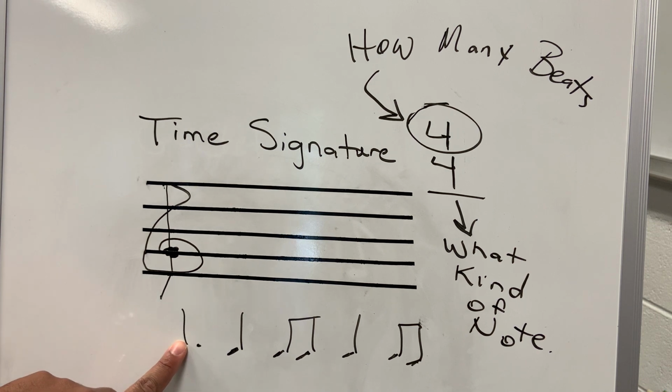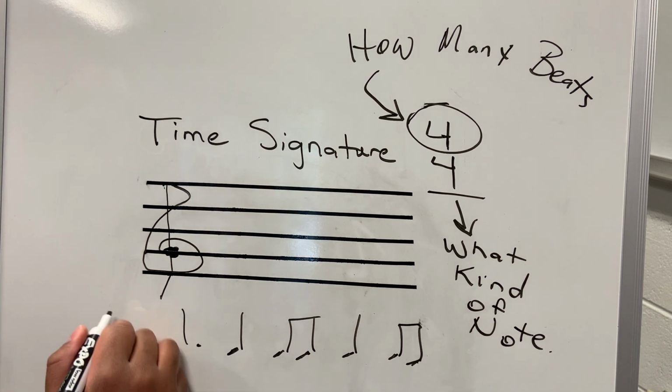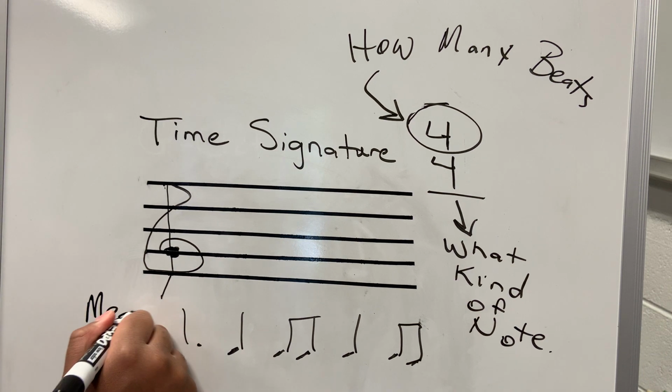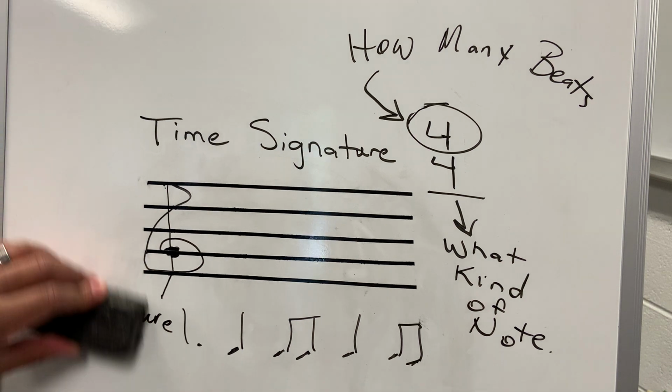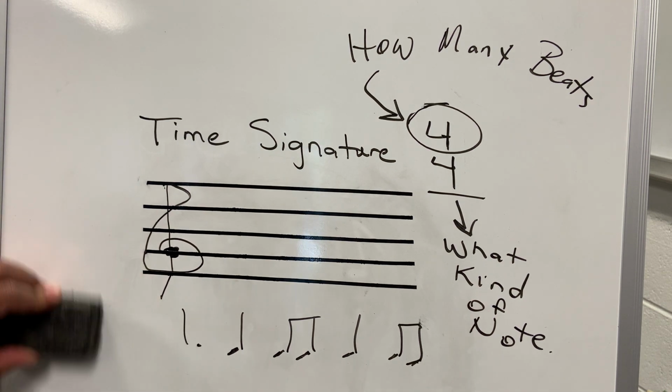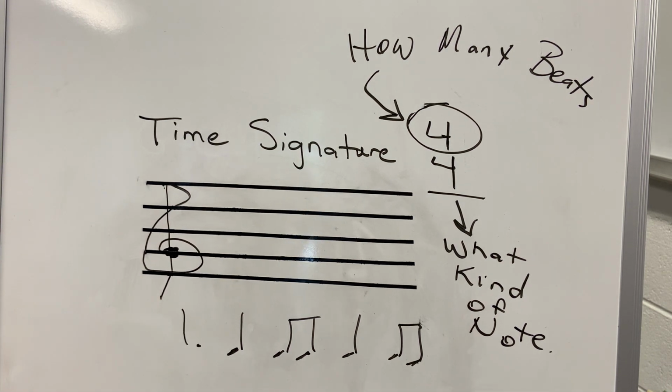Now, I wrote number 1 to let you know that that is the first measure. I just didn't write measure 1. Okay? But number 1 represented a measure. Now, as you can see, think of it as in grouping. There are 4 groups in number 1.